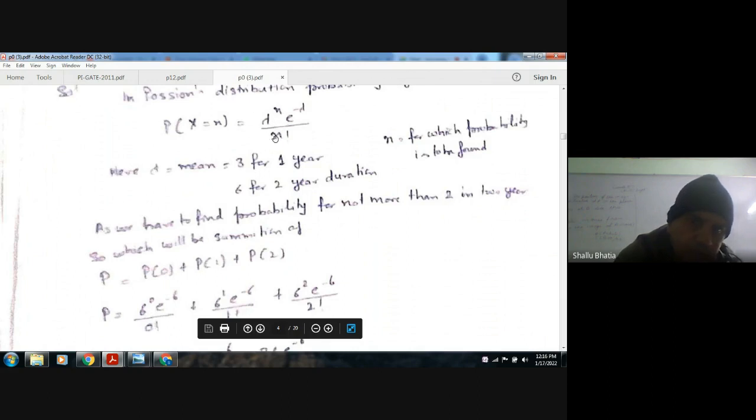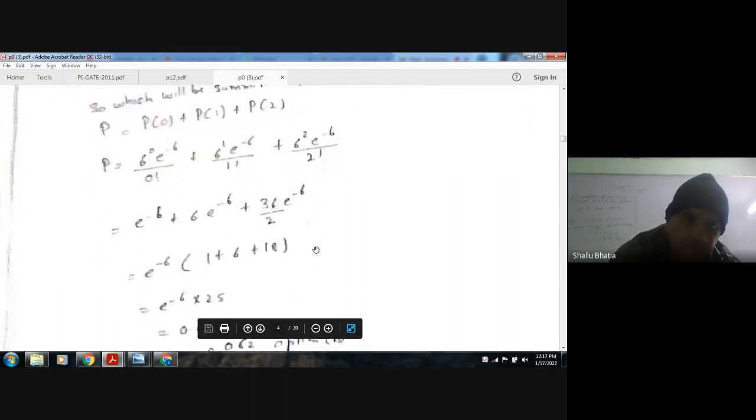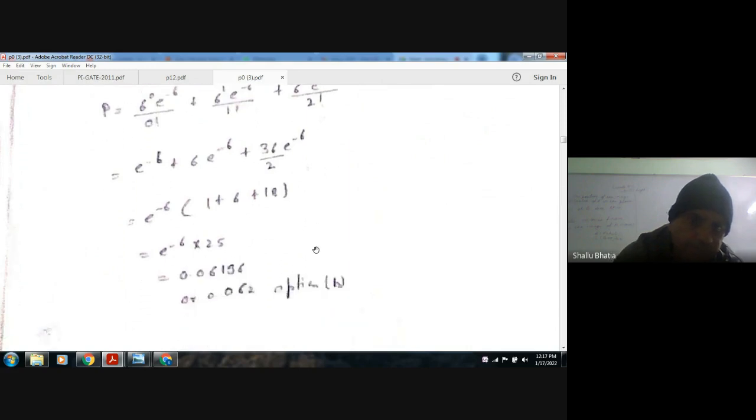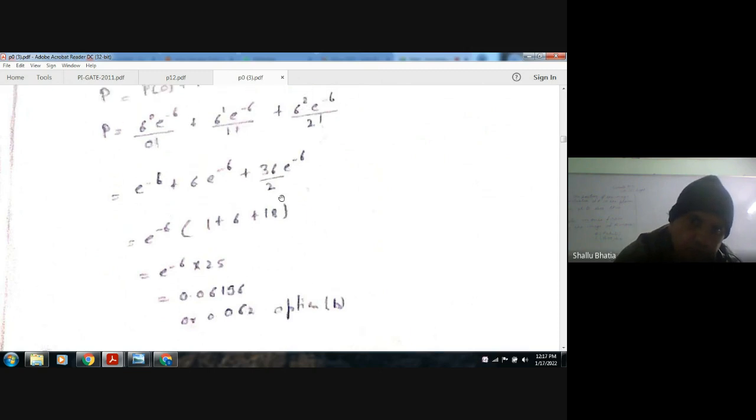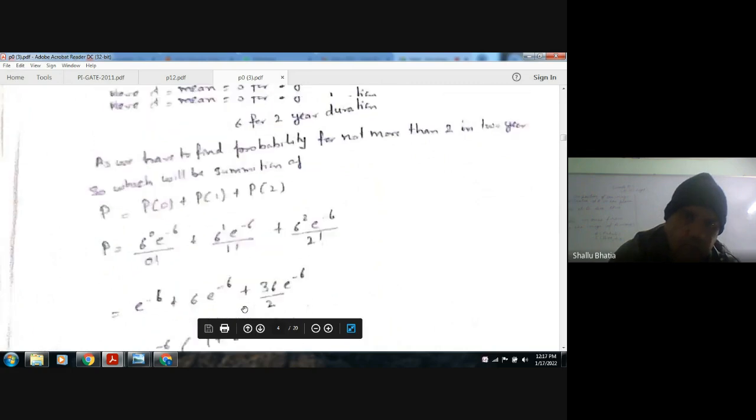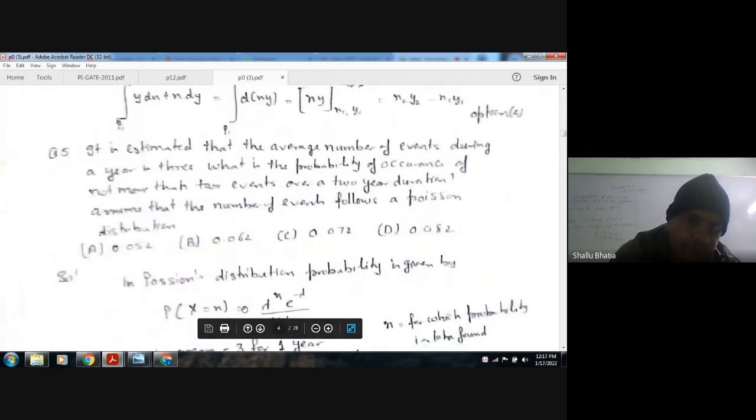If we put x equal to 0, 1, and 2, we get these, with 0 factorial, 1 factorial, 2 factorial. Taking e minus 6 common, we get 1 plus 6 plus 6 squared, 36 by 2, which is 18. So the answer is 0.062. The answer is option B.